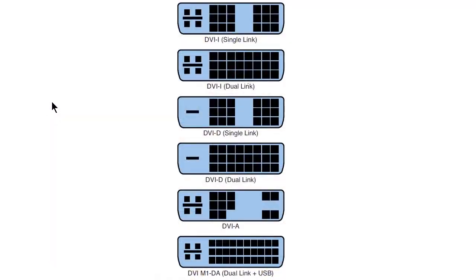And what you need to know for the exam, a couple main things. First, DVI-I versus DVI-D. DVI-I means that you can send analog or digital signal, whereas DVI-D means that you can only send digital signal.